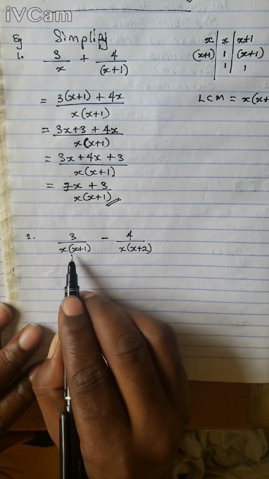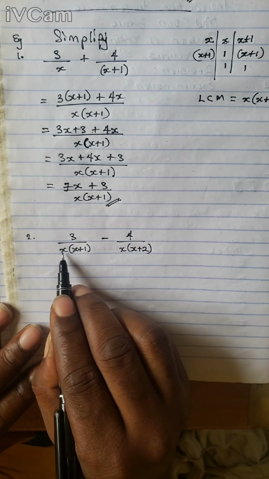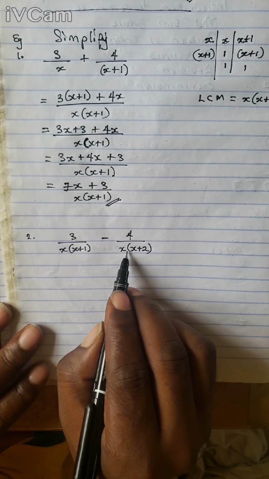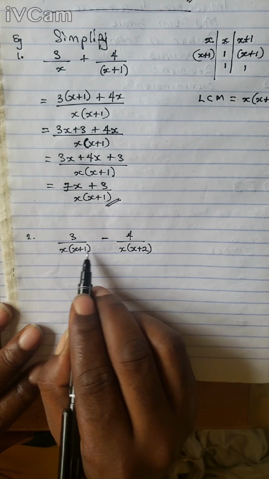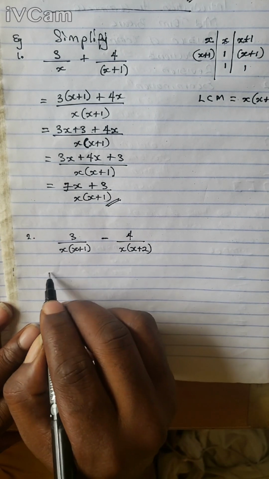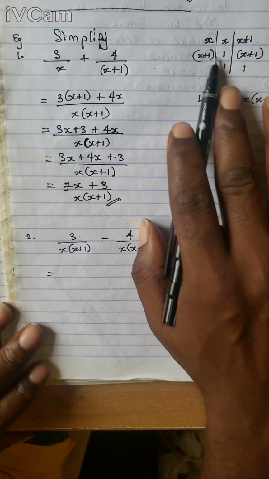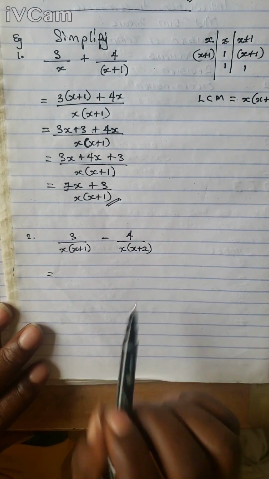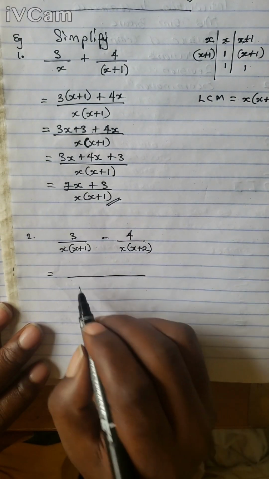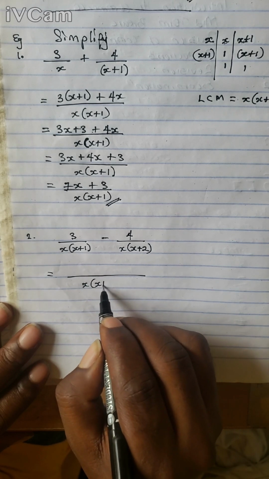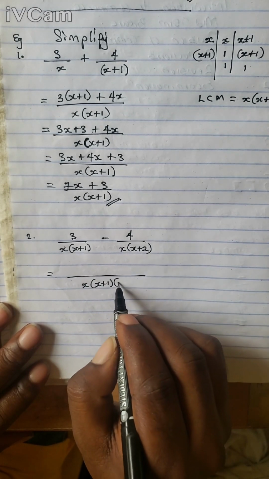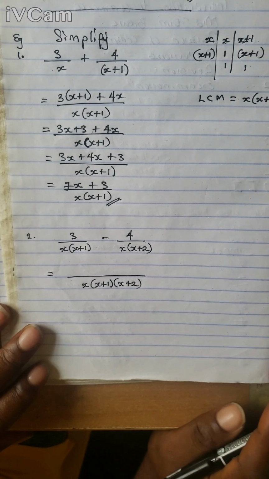We are lucky to have something that is common, which is x, but unfortunately the brackets are not common. So if you use the method we use here to find this LCM, you are going to have x into x plus 1 into x plus 2 as your LCM.